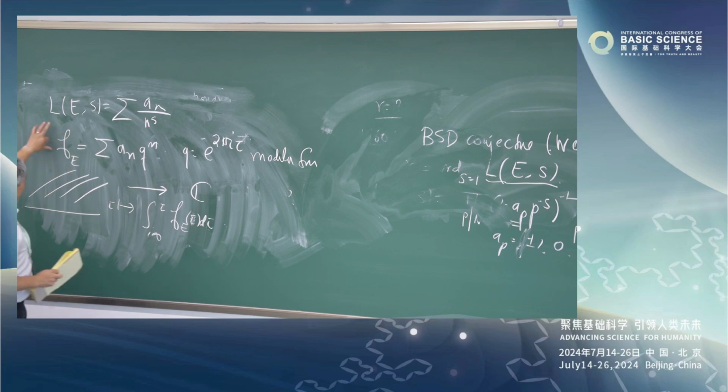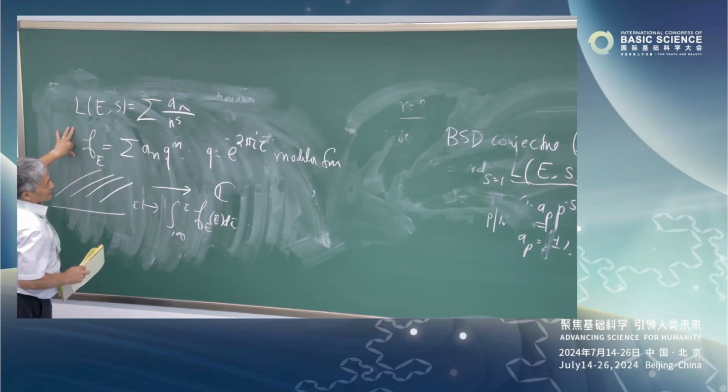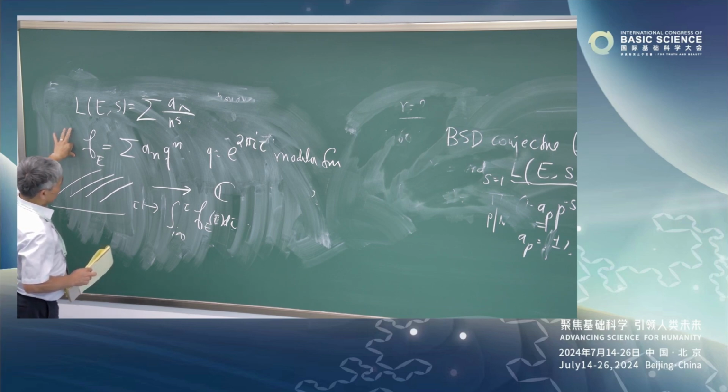Of course later on it was proved, ten years later by Wiles and others, that actually every elliptic curve over Q is modular. First for semi-stable ones, then completed by others for all elliptic curves.